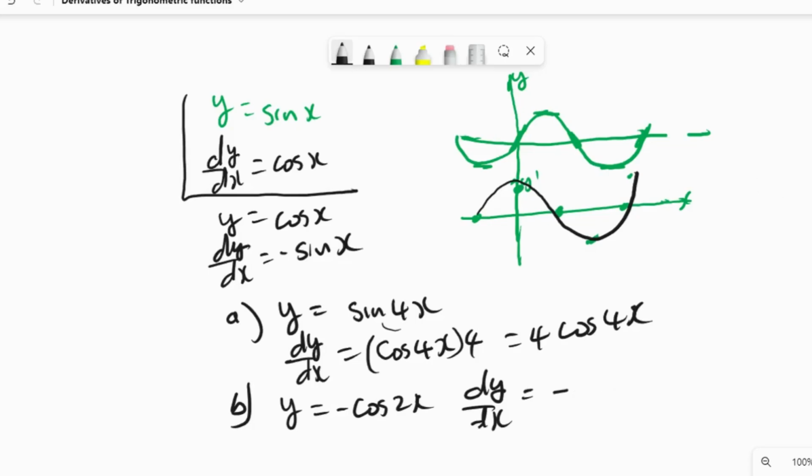Okay, so the minus is already there, so derivative of cos 2x is minus sine 2x multiplied by 2. Therefore, we have one negative here from outside, we have one negative here, therefore 2 sine 2x.